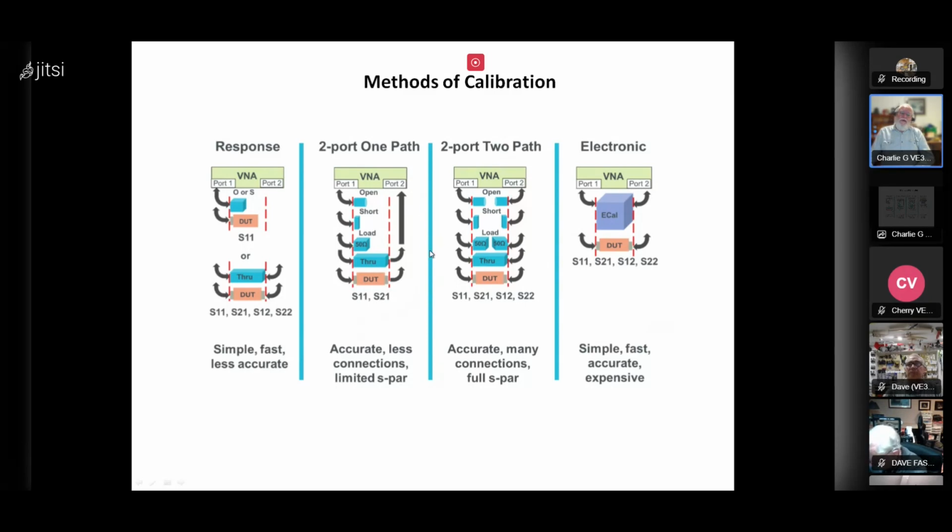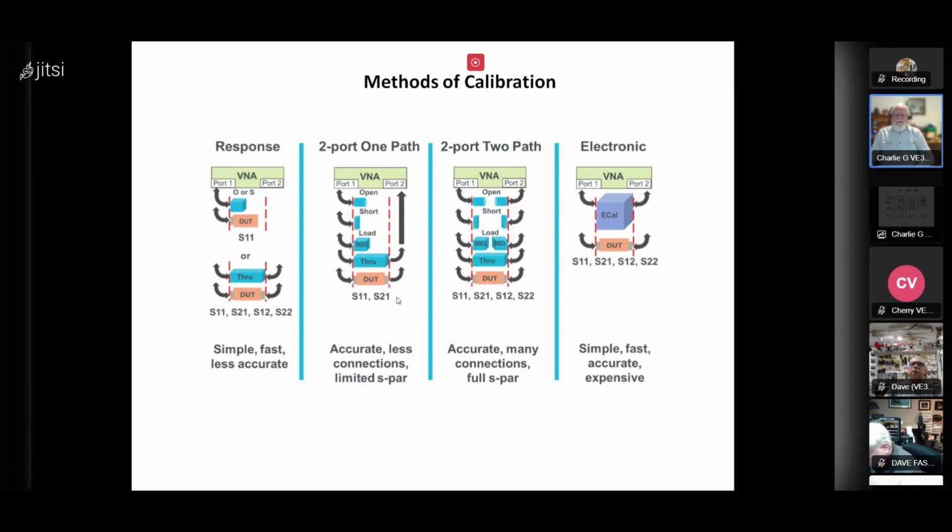The one that we typically do for the NanoVNA in particular is we do a test with an open, a test with a short, a test with a load, a test with a through signal from port 1 to port 2, and then we put our device under test in the circuit and do those measurements.